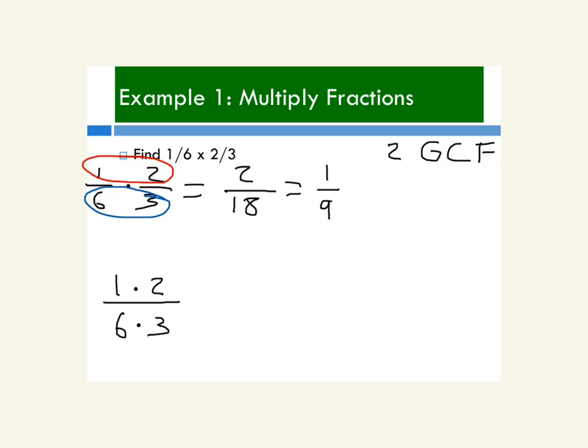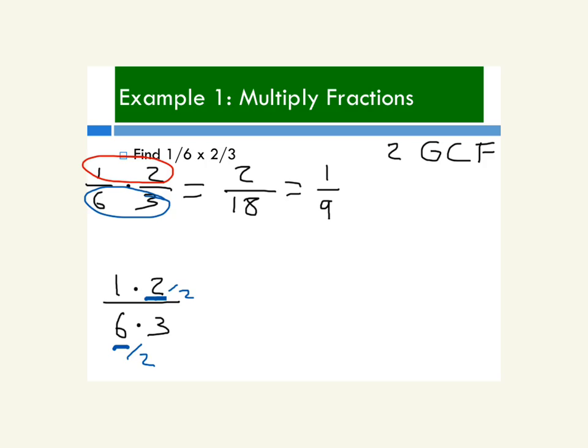In this case, we have 2 as a greatest common factor for both the numerator and the denominator. I'm going to divide that top numerator by 2, and I'm going to divide the bottom denominator by 2.